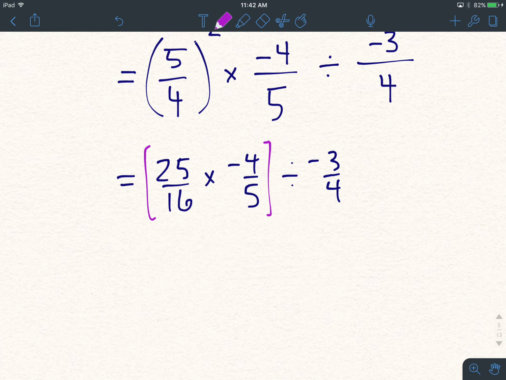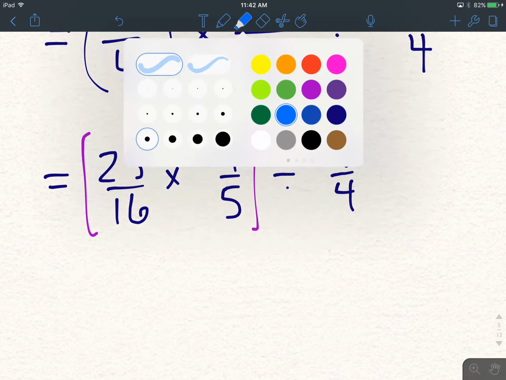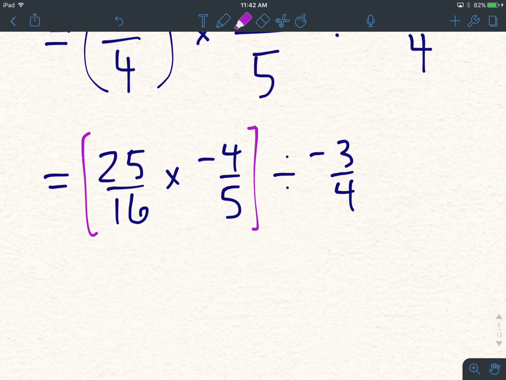So when we're talking about reducing, essentially what we're doing is dividing both the numerator and the denominator by the same value. If I was going to start, say, let me change up my color scheme. If I was going to start right here, I've got a 5 and a 25. So I'm going to divide that by 5, which gives me 1, and divide that by 5, which gives me 5.